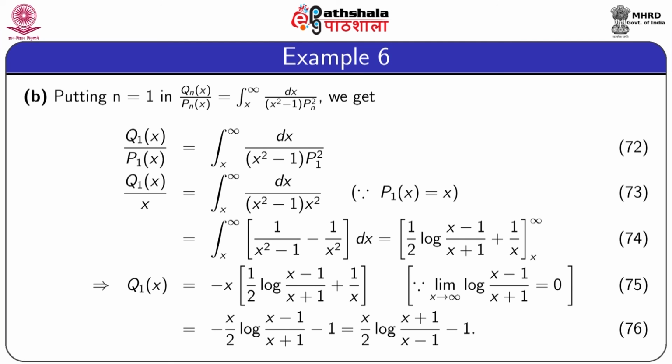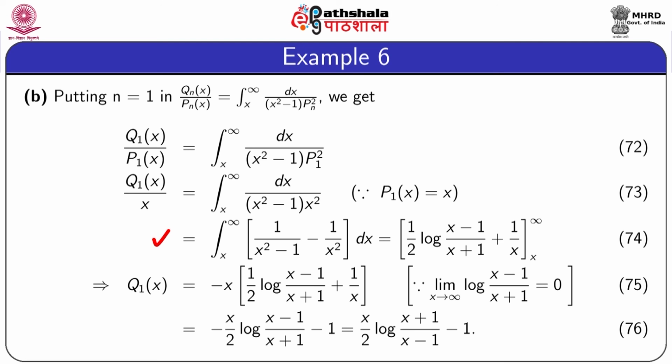And we know that P1(x) is equal to x, and if you substitute that, you will get equation 73, which is Q1/x is equal to the integration from x to infinity of dx by (x² − 1)x². To integrate this, we express the integrand in partial fractions, which is given in equation 74, which is 1/(x² − 1) minus 1/x².